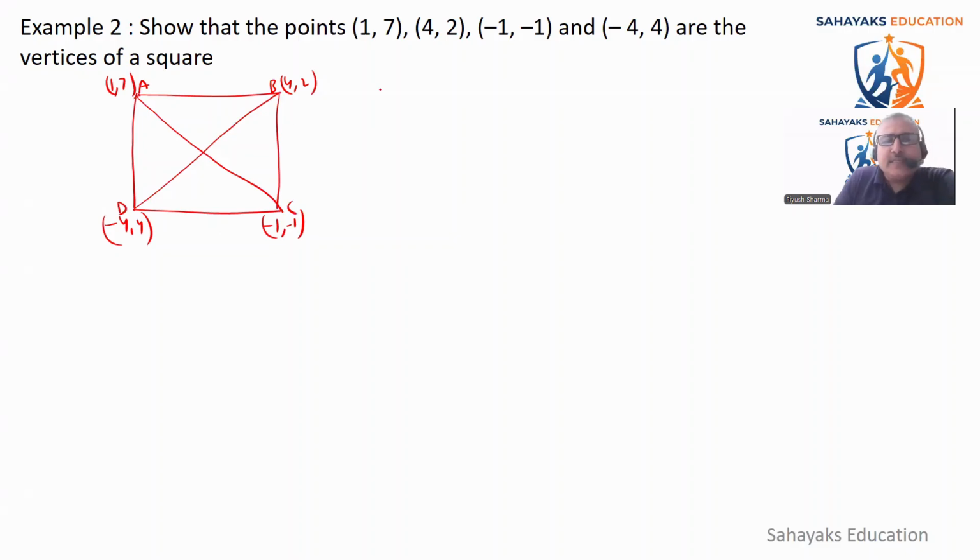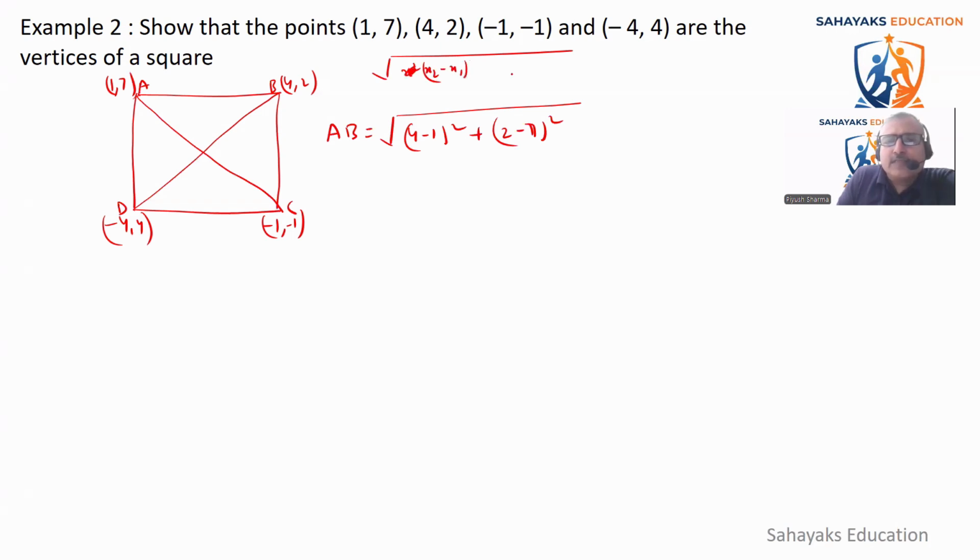So let's find the distance AB. AB is equal to the square root of 4 minus 1 whole square plus 2 minus 7 whole square. I'll just write the formula here: x2 minus x1 whole square plus y2 minus y1 whole square is the distance formula.